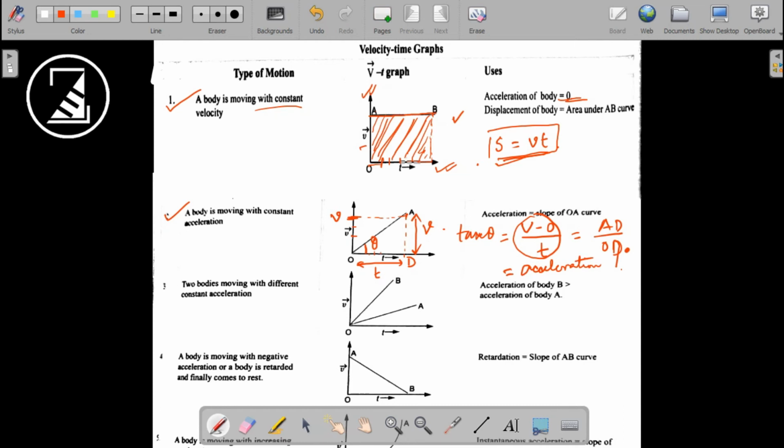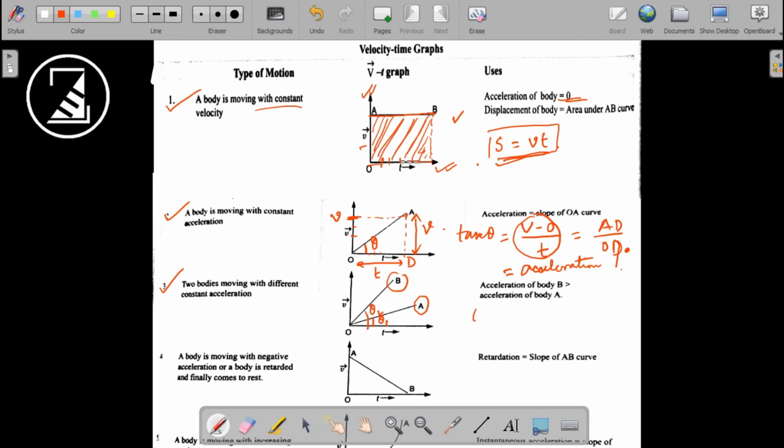OA curve. Okay. Now two bodies moving with different constant acceleration. From this graph, we can see body A and body B both are moving with constant acceleration, but the acceleration for A is different from that of B. Now, suppose slope of OA curve is theta 1 and OB is theta 2.